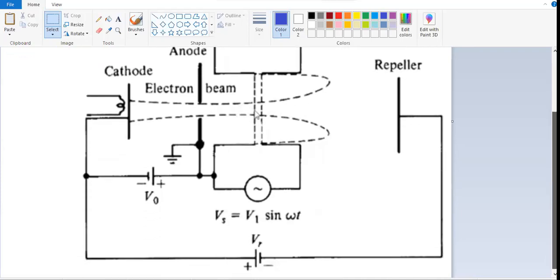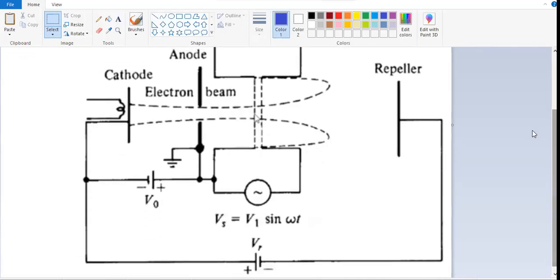Why does it get repelled from the repeller? Whatever voltage is given to the repeller is the repeller voltage VR, and it is a negative voltage. Here V0 is the beam voltage, and this is VR.